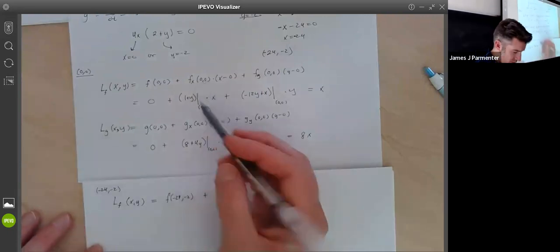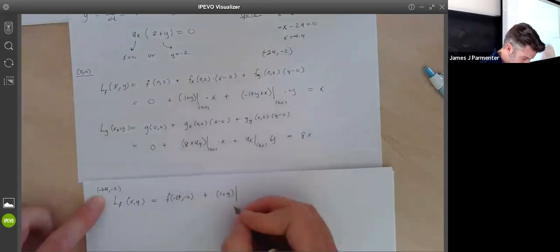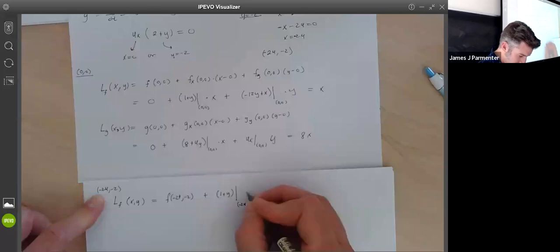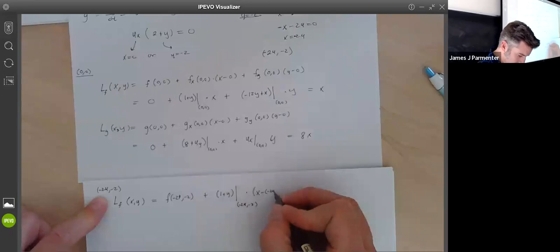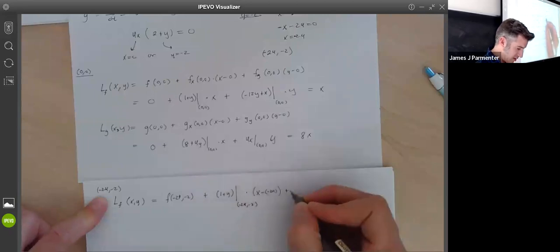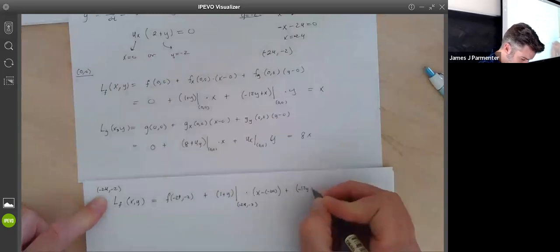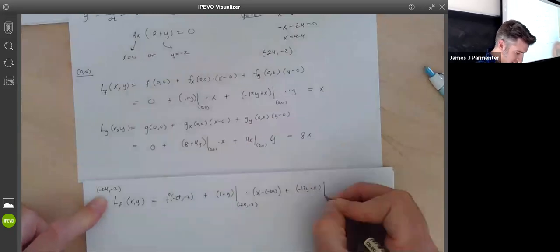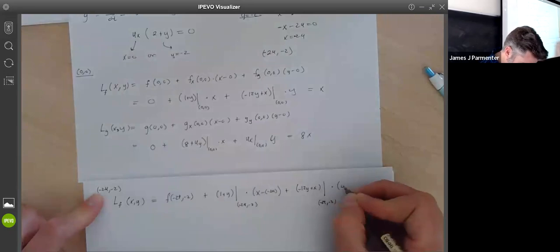It's still 1 plus y, but now it's 1 plus y evaluated at this point, negative 24, comma negative 2, times x minus this x coordinate, plus my partial derivative with respect to y, which is still the same thing. It's still negative 12y plus x, but now it's evaluated at this point, and it's multiplied by y minus this y coordinate.